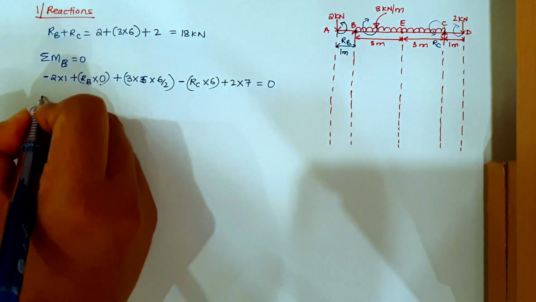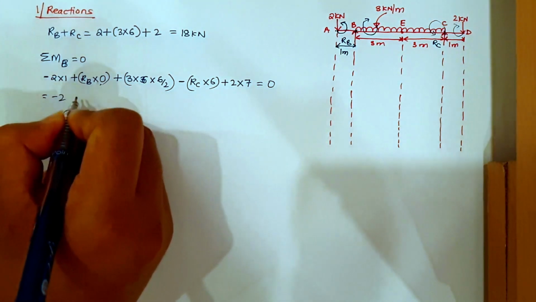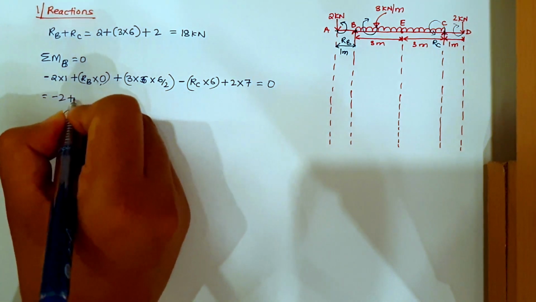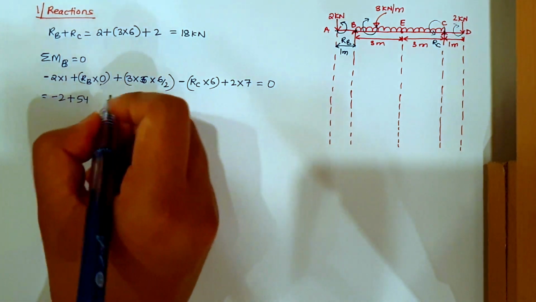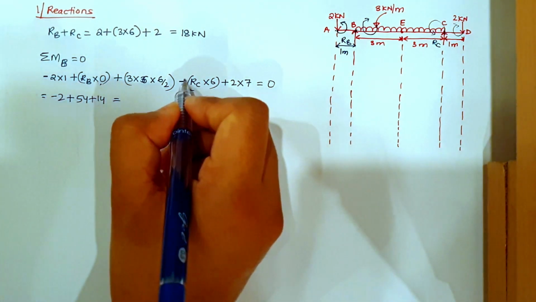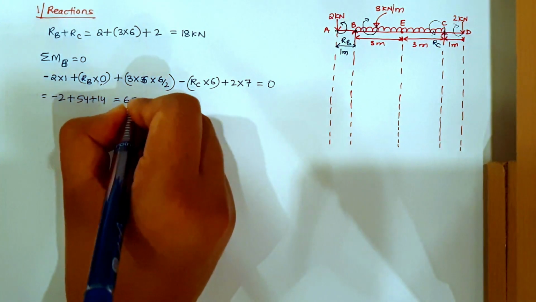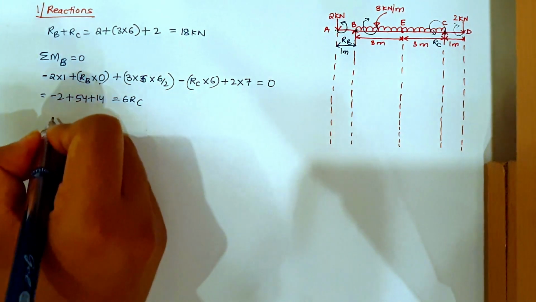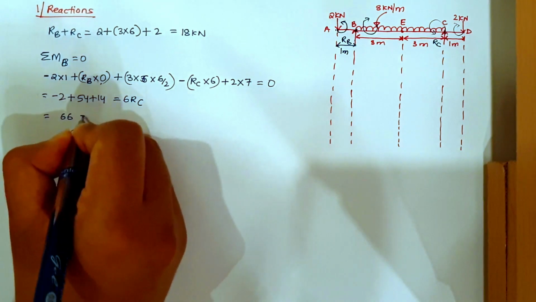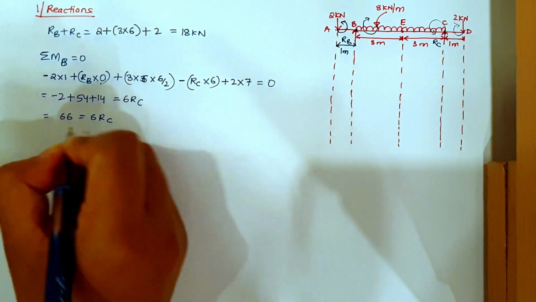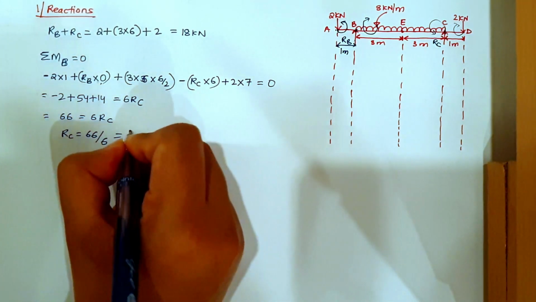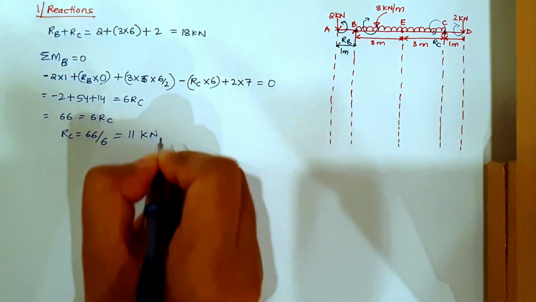Now if you solve this, here you will get minus 2. Then if you solve this one, you will get 54. 2 into 7, 14, equals, sending this to the right hand side, 6RC. The total of this comes equal to 66, equal to 6RC. RC will be equal to 66 by 6, which is equal to 11 kilonewton.